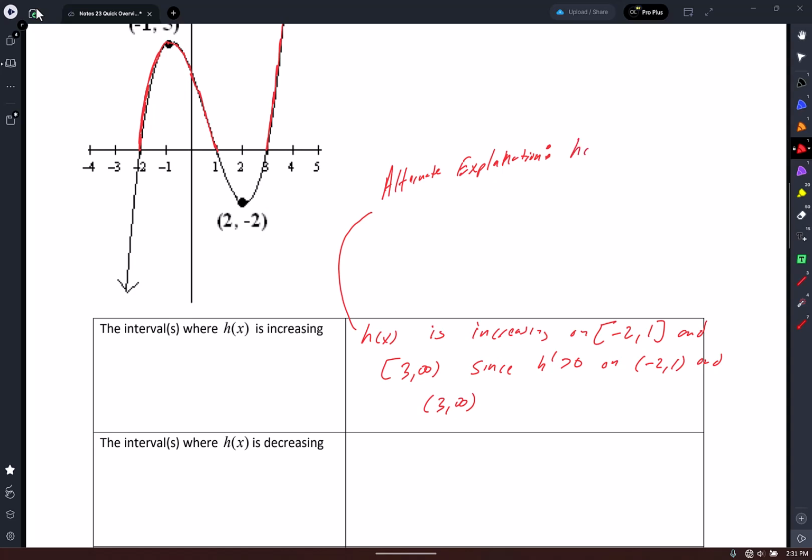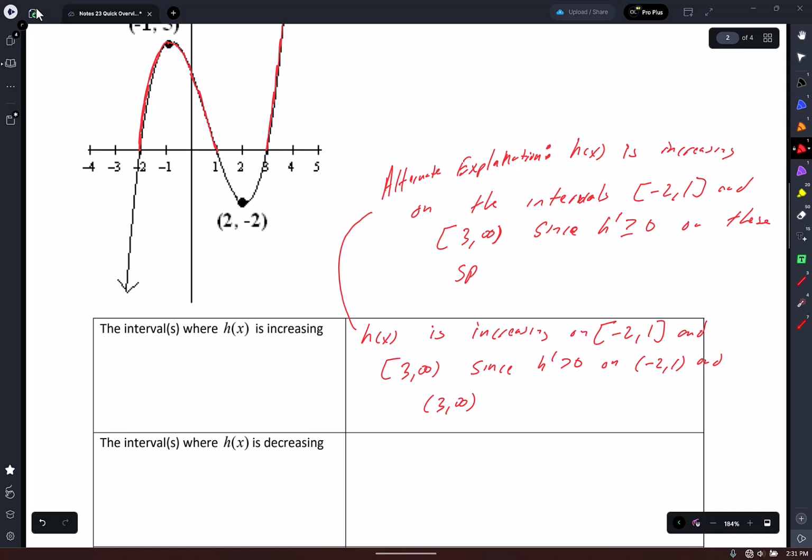You could have said h of x is increasing on the intervals, I'll even do 3 alternate explanations, and then I'm going to say the same thing, -2 to 1, bracket, and bracket 3 to infinity with a parenthesis there, since h prime is greater than or equal to 0 on these specific intervals. I don't know, do you like that?